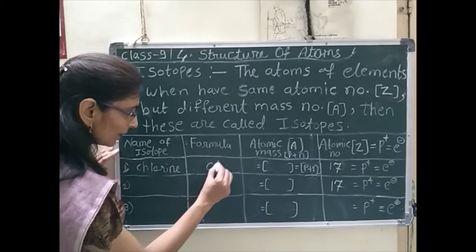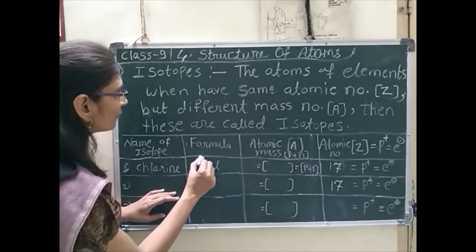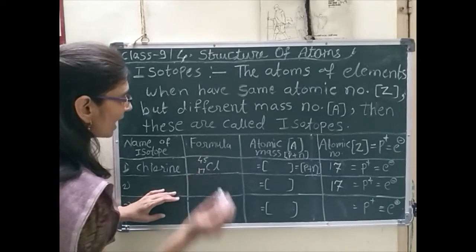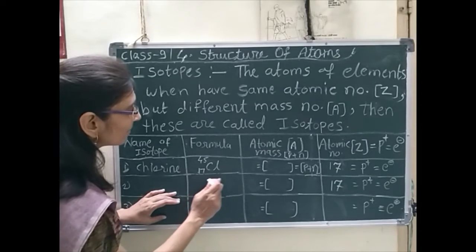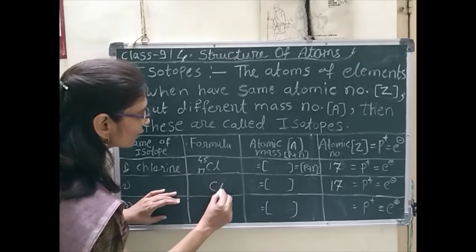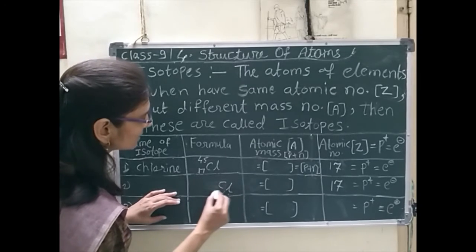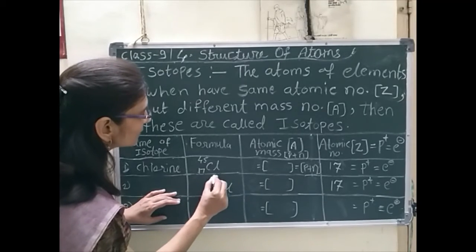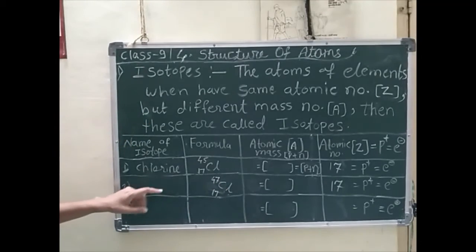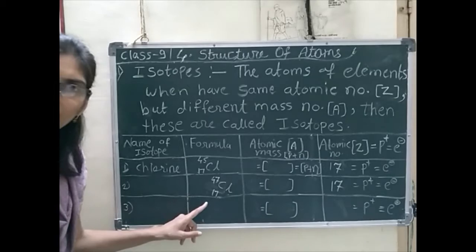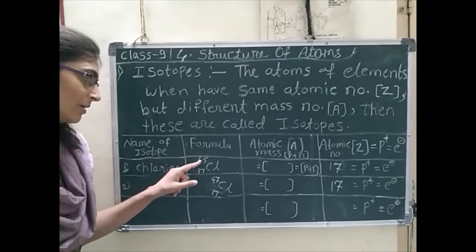Here chlorine 17 and 45, and the second isotope of chlorine has a different mass number and the same atomic number, that is chlorine 17 and mass number 47. So here we can see atomic numbers are the same, that is 17, and mass number is different.